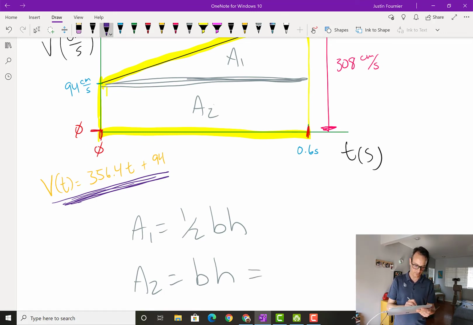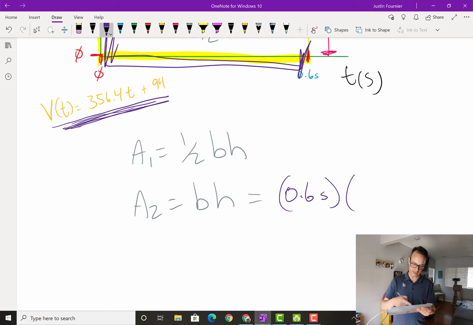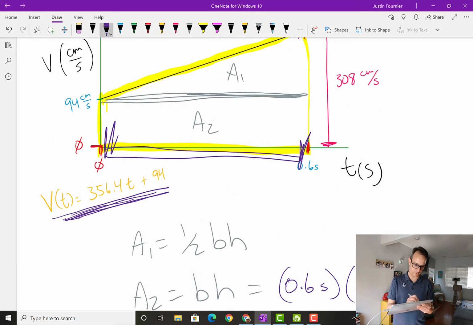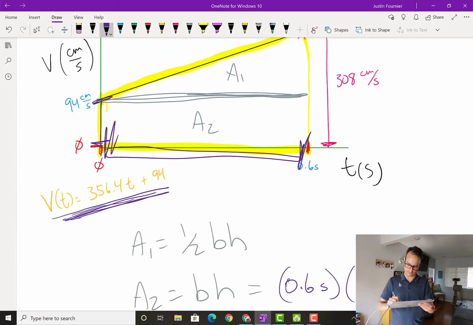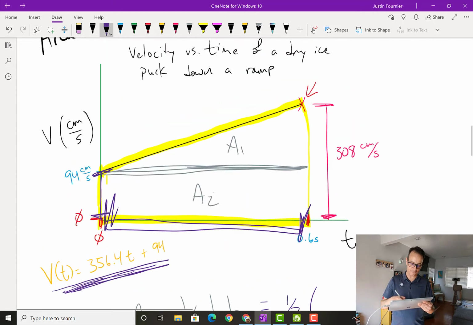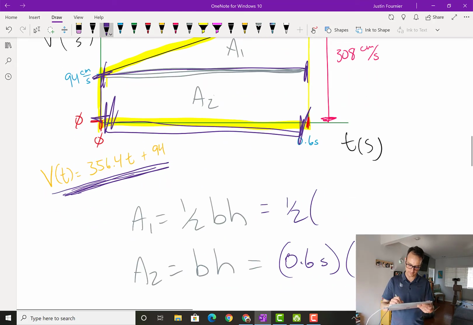Area 2 has a base of 0.6 seconds. The height goes up to 94 centimeters per second. And then for the triangle, we have 1/2. The base again is 0.6 seconds.